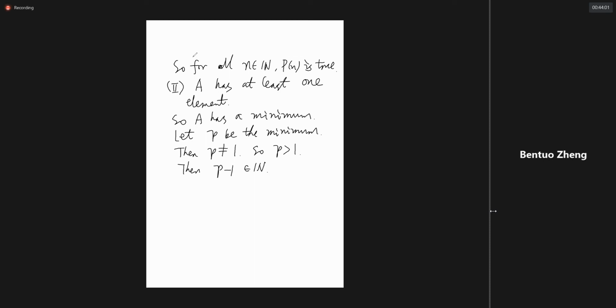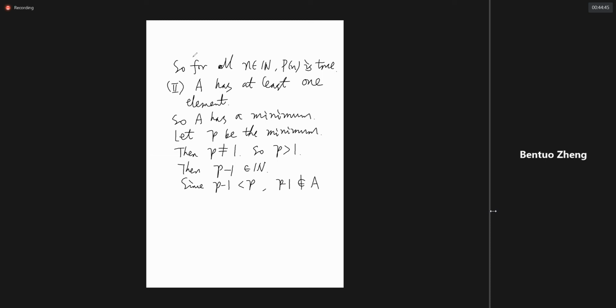So P minus 1 is its immediate predecessor. Moreover, since P minus 1 is less than P, we know that P minus 1 is not in A, because P is the minimum of A. So any number which is smaller than P cannot be contained in A. So P minus 1 is not in A.